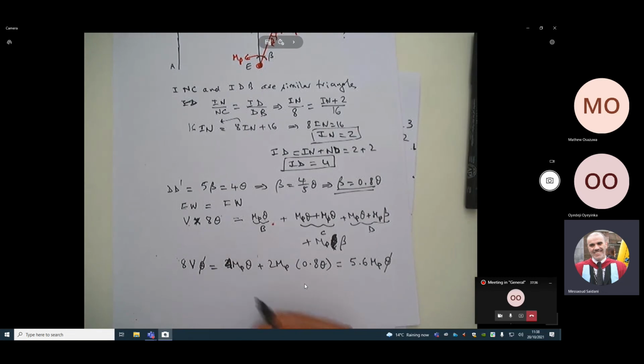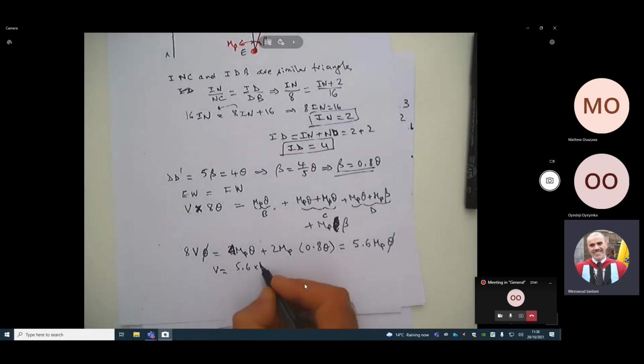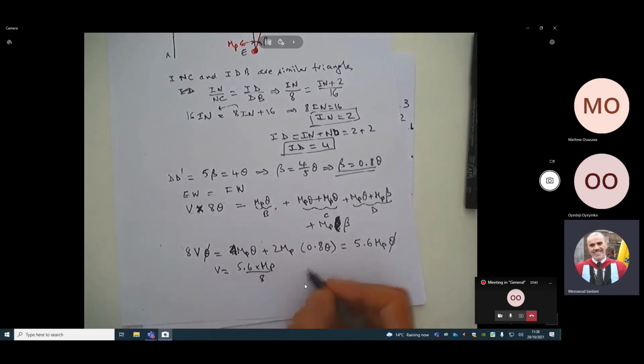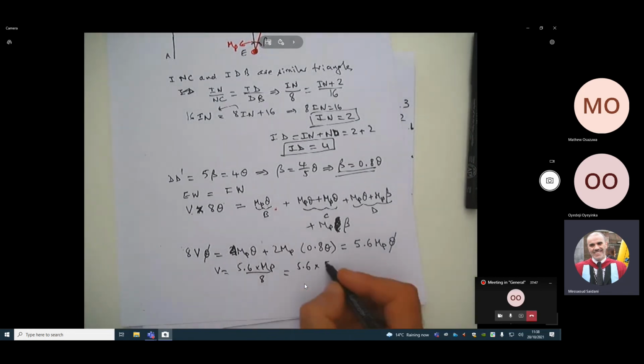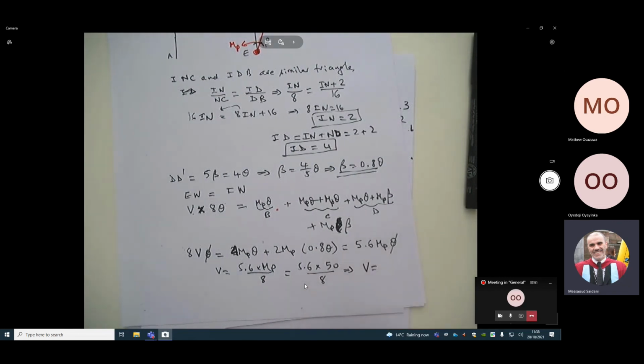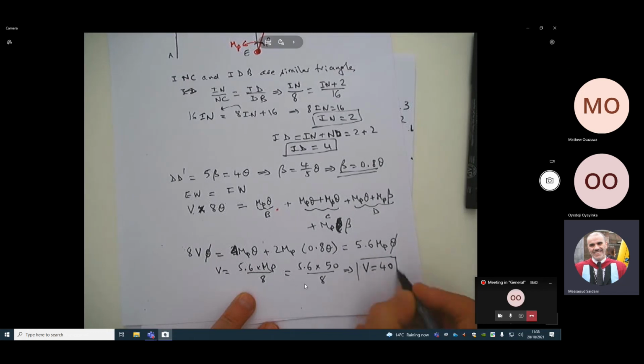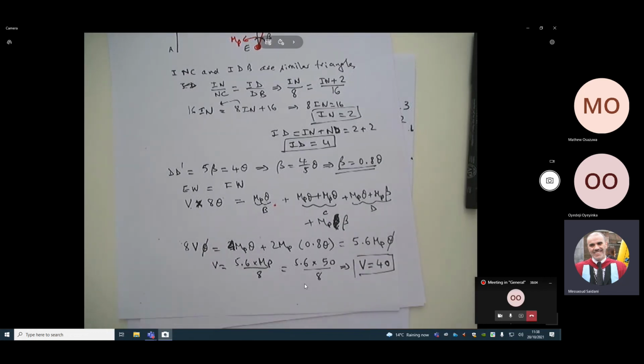Theta and theta will cancel. So we have V is 5.6 times MP over 8. MP is given as 50, divided by 8. I got 40, if you want to check it, please. 5.6 times 50 over 8.